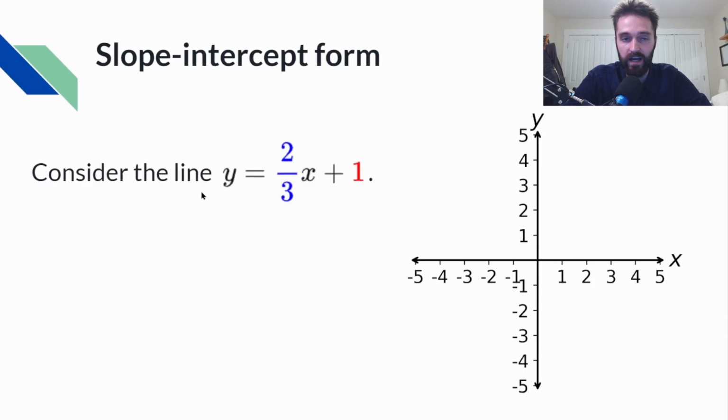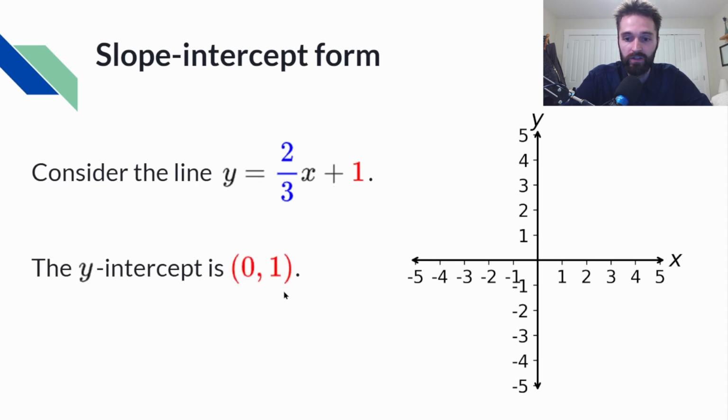Consider the line y equals 2/3 x plus 1. Since it's in slope-intercept form, we can just look at the equation and determine, first of all, that the y-intercept occurs at (0, 1). b equals 1, so this is the point that we can plot.